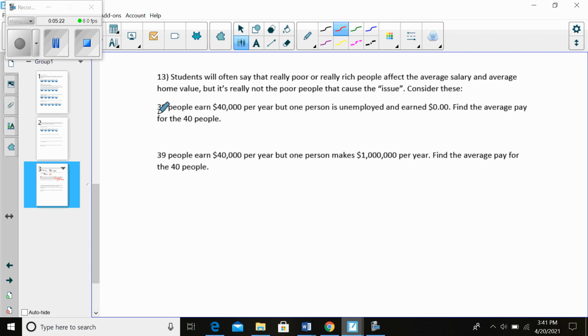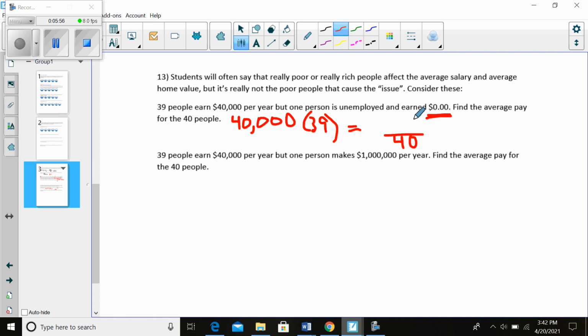If we have 39 people that earn 40,000 per year, all right, but someone is unemployed and earns zero. Okay, so here's our quote, poor person. All right, to find the average, I would have to add up the 40,000 39 times. So I'm just going to multiply that by 39. But when I go to divide, I have to divide by 40 people, right?